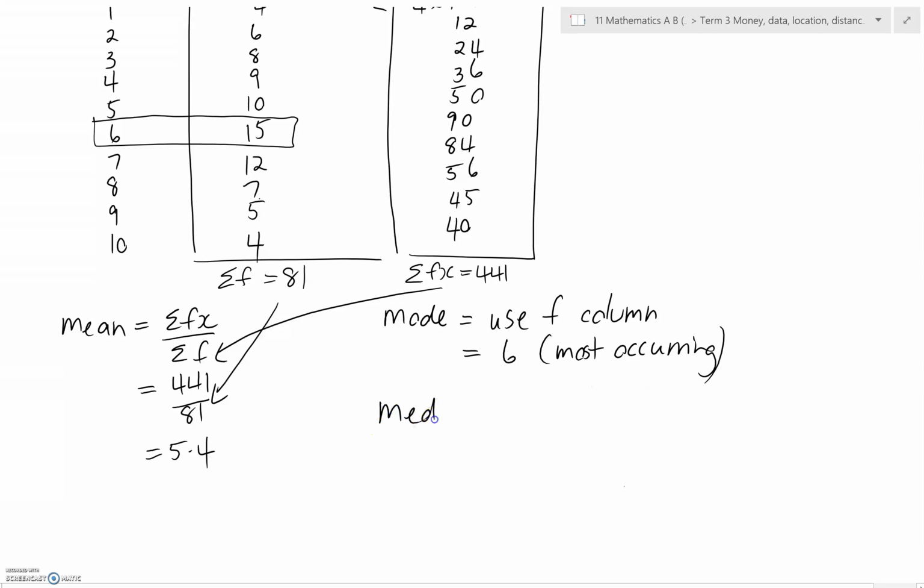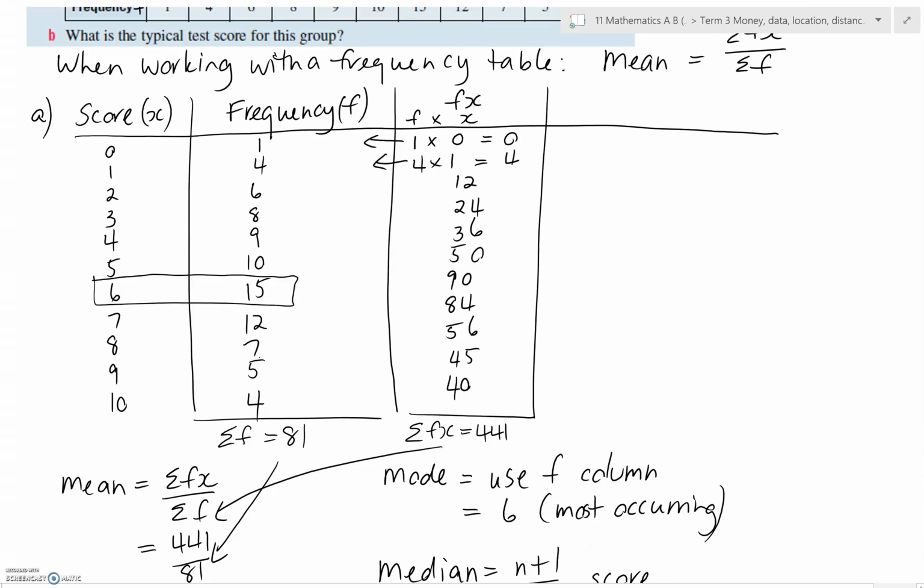Okay, median. So formula is the same, but I'm going to add another column to this, and I'm going to add a cumulative frequency column. Now we did cumulative frequency before in a previous term, and we really need this for the median. If you do this here, it's going to make finding the median much easier.